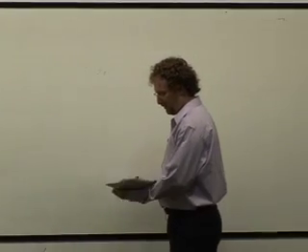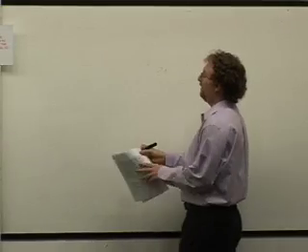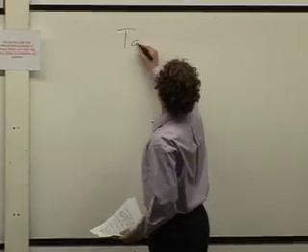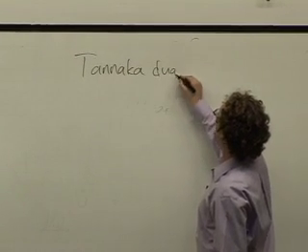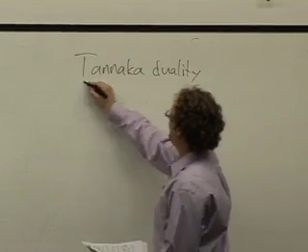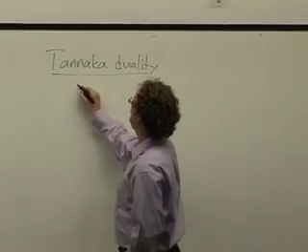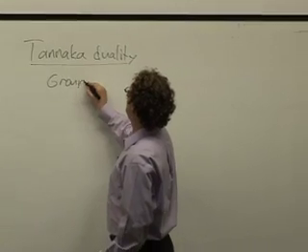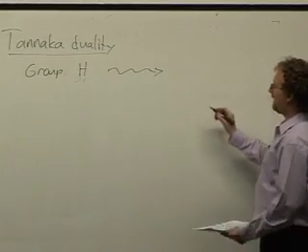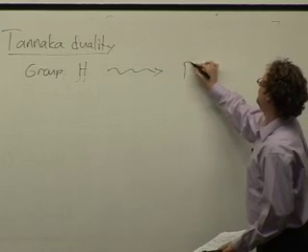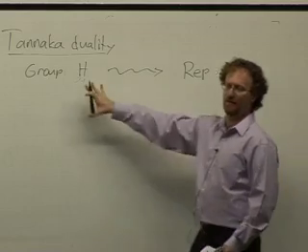So there's a very beautiful story called Tannakian theory, or Tannaka duality. Tannaka duality tells me that if I have a group H, I can consider its category of representations. Now everything is going to be complex.